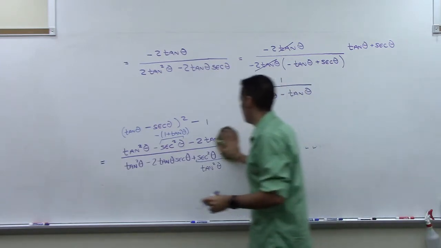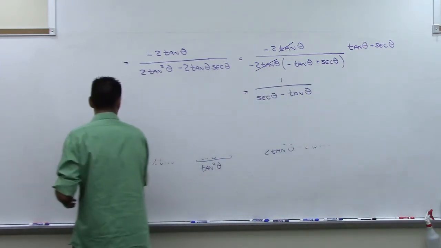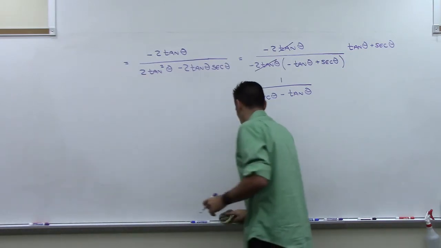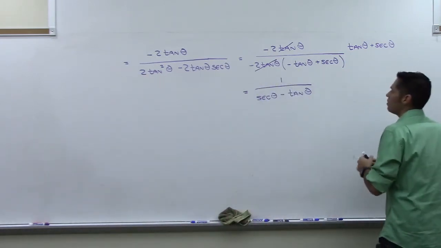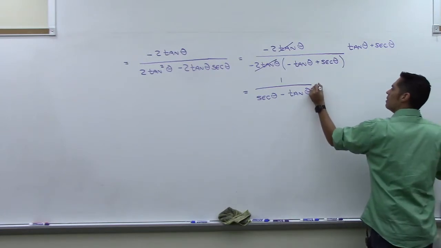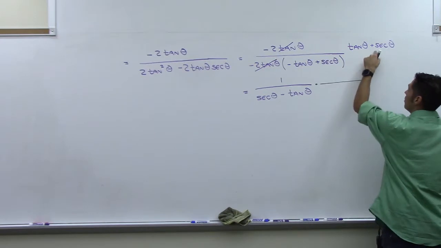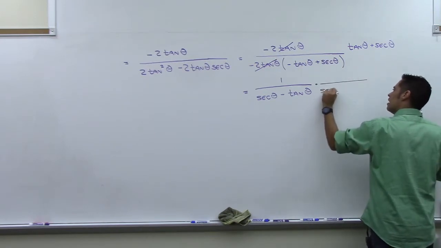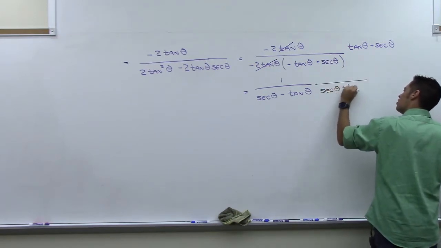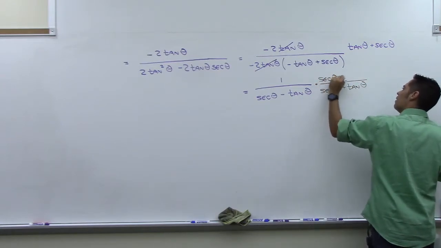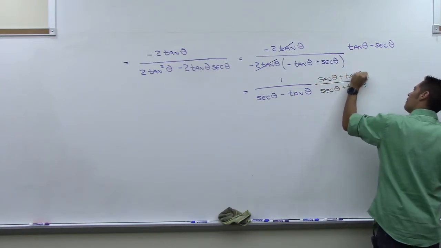Now at this point, I'm going to keep everything in terms of secant and tangent. I'm just going to multiply the top and bottom of this by the conjugate of this, secant theta plus tangent theta.